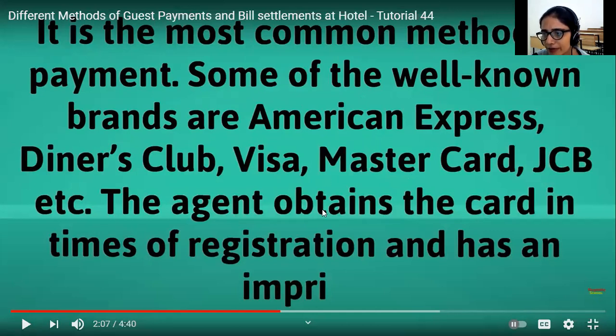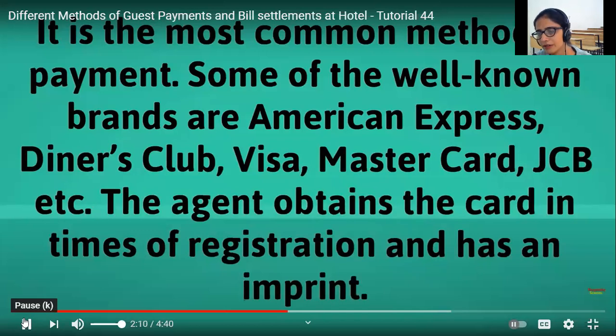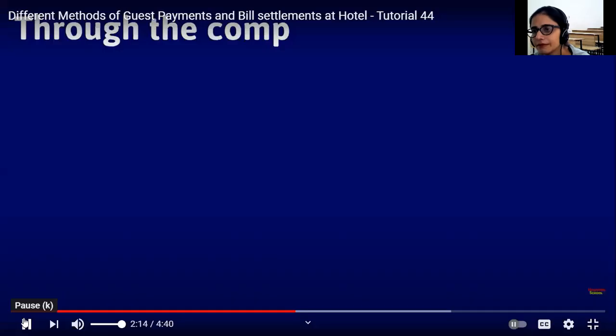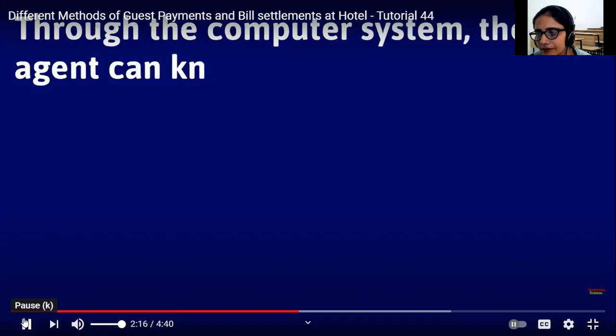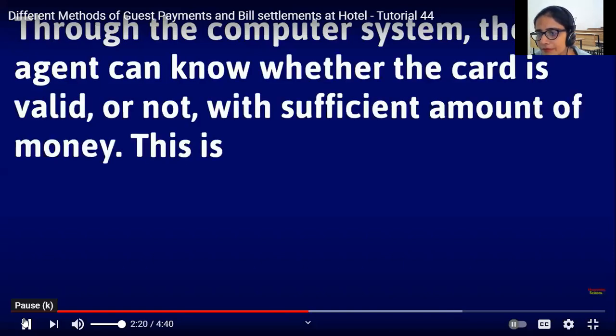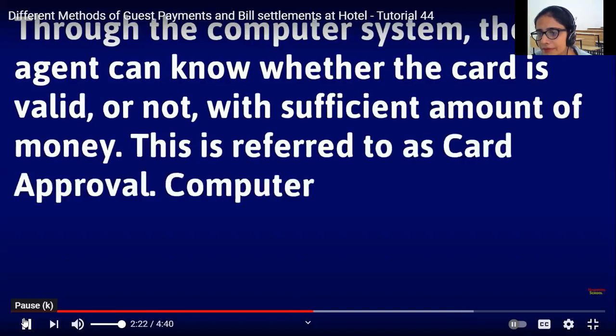The agent obtains a card imprint at the time of registration. Through the computer system, the agent can know whether the card is valid or not, with a sufficient amount of money. This is referred to as card approval.